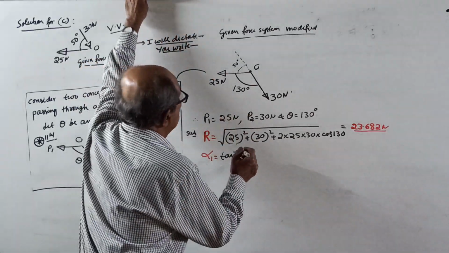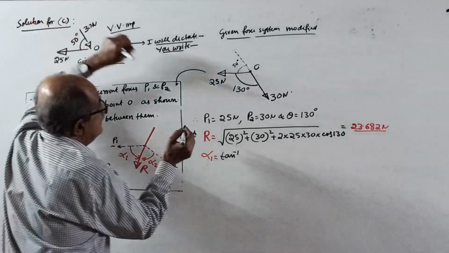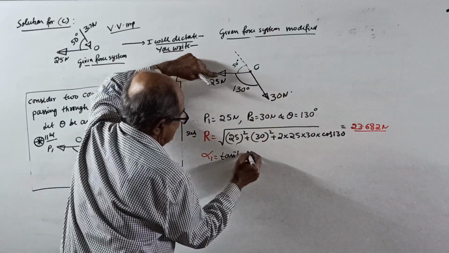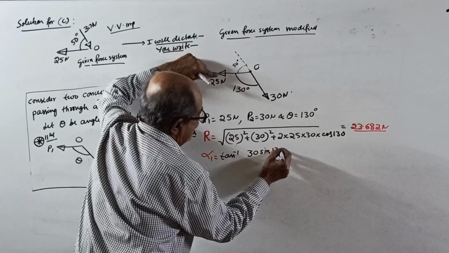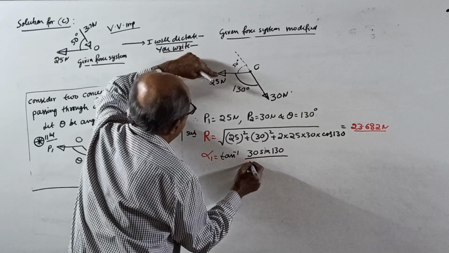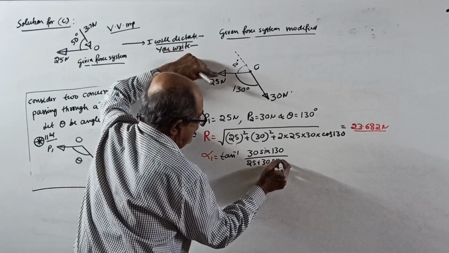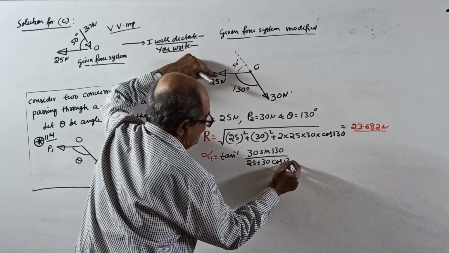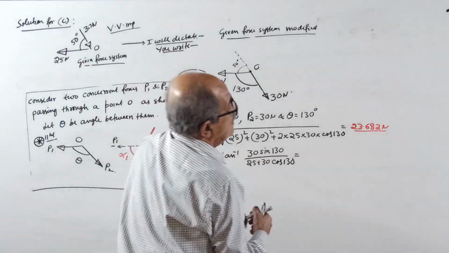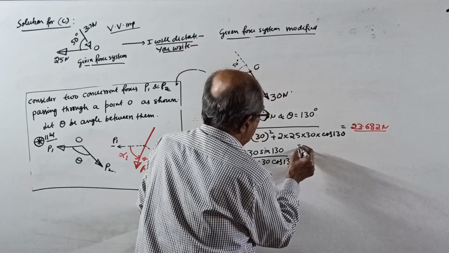Alpha 1 equal to tan inverse of, I want alpha 1 with the force P1, so 30 sine 130 divided by 25 plus 30 cos 130, equal to 76.032 degrees, plus is important.